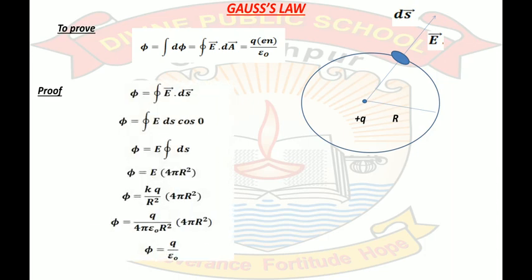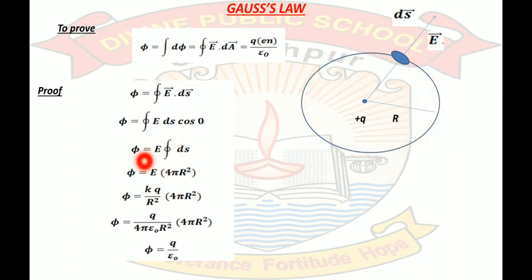We have phi equals surface integration of E vector dot ds vector. It is the definition only. Now that E dot ds is expanded and written as E ds cos 0 because they are in the same direction. The value of cos 0 is 1, and since we have taken a sphere, and the electric field is a function of distance only, at the surface of the sphere the electric field remains constant.